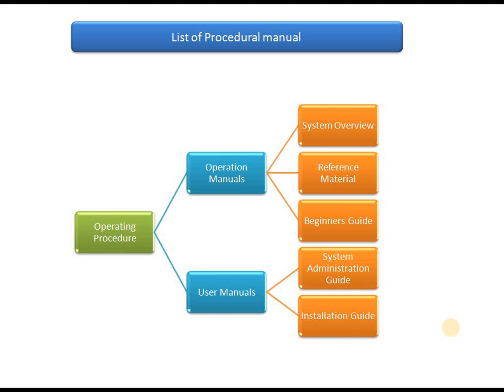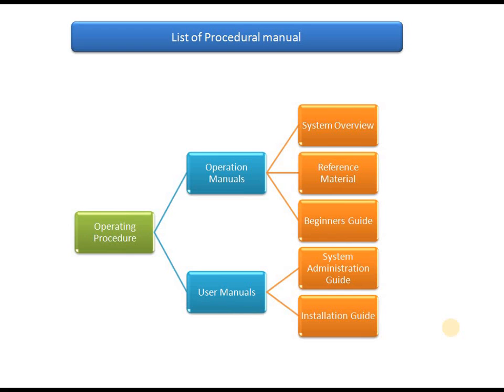The list of procedural manuals is known as the operating procedure. One is the operation manual and the other is the user manual. The operation manual covers the system overview, reference material and beginner's guide; the user manual covers the system administration guide and installation guide: how your project will be installed in your system, how the system is administrated, how the system is operated.